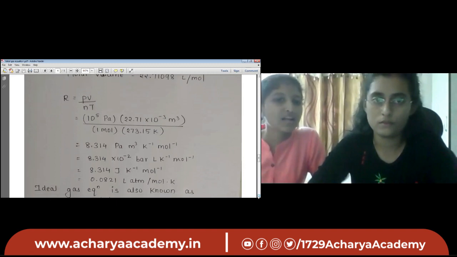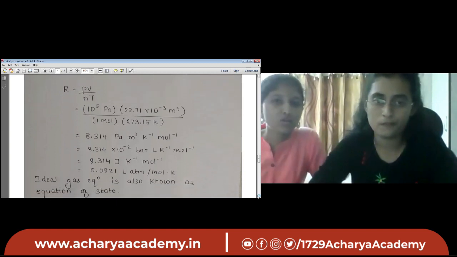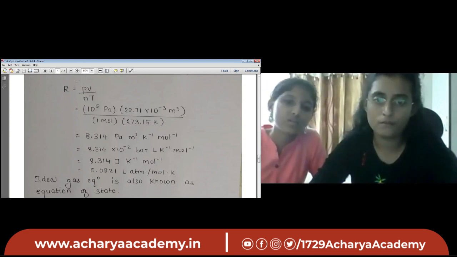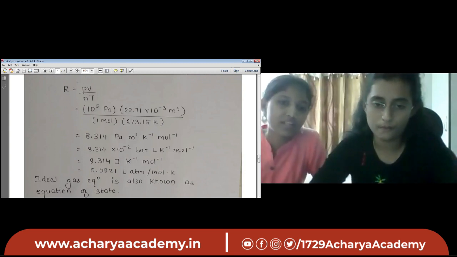Now from these values we can find the value of the universal gas constant, the proportionality constant that we used earlier. By the equation PV is equal to nRT, we get R is equal to PV upon nT. By keeping the standard values, we get different values according to the different units that we have to use in the numericals.